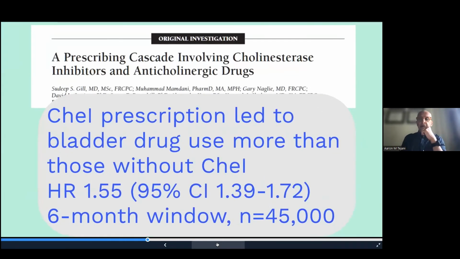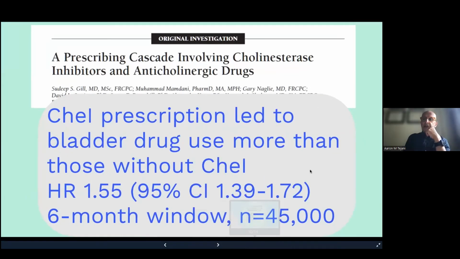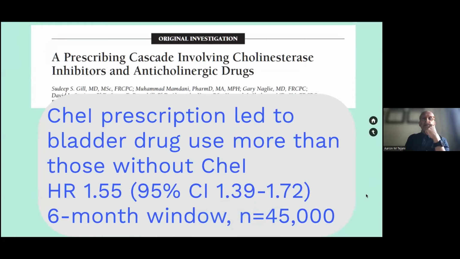So when I looked for evidence to support this, a prescribing cascade involving cholinesterase inhibitors and anticholinergic drugs was reported. In this particular evaluation, they noted that cholinesterase inhibitor prescriptions led to bladder drug use more than those patients that didn't have a cholinesterase inhibitor, with a hazard ratio of 1.55.